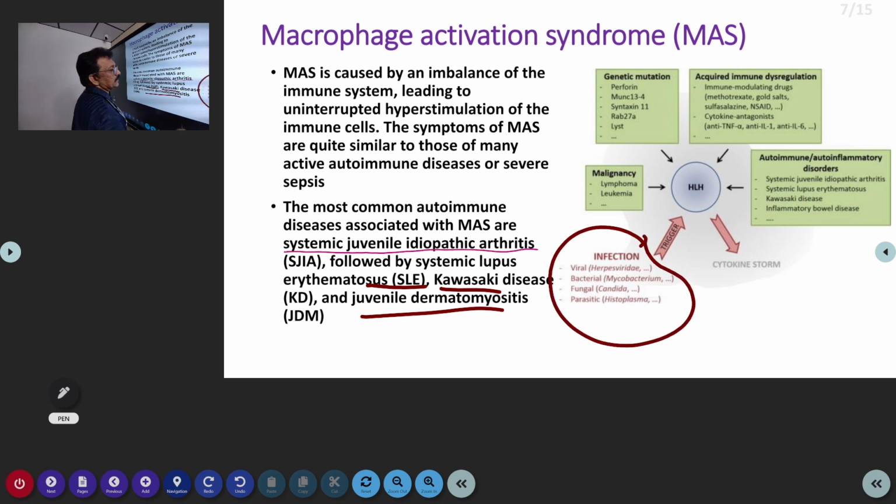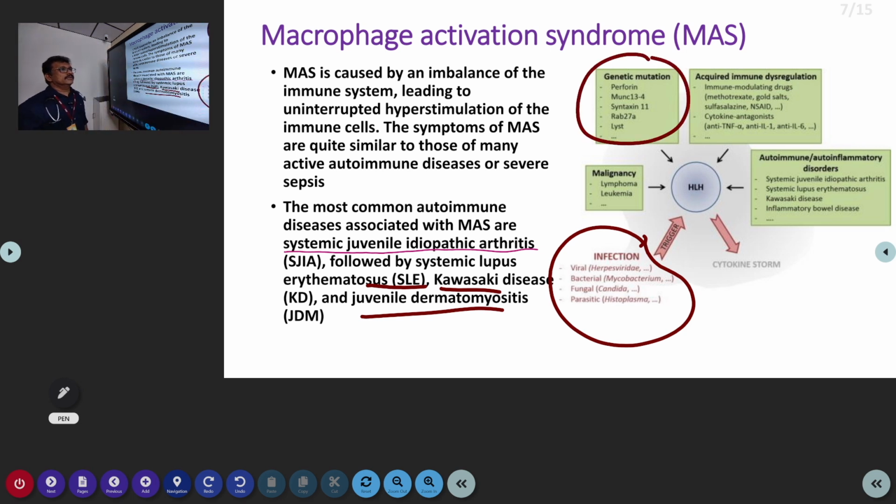The patient may have a basic tendency to develop cytokine storm. Infections can be a trigger, but genetic problems also can produce this. Malignancy, autoimmune disorders, and many drugs also can sometimes trigger this type of condition.